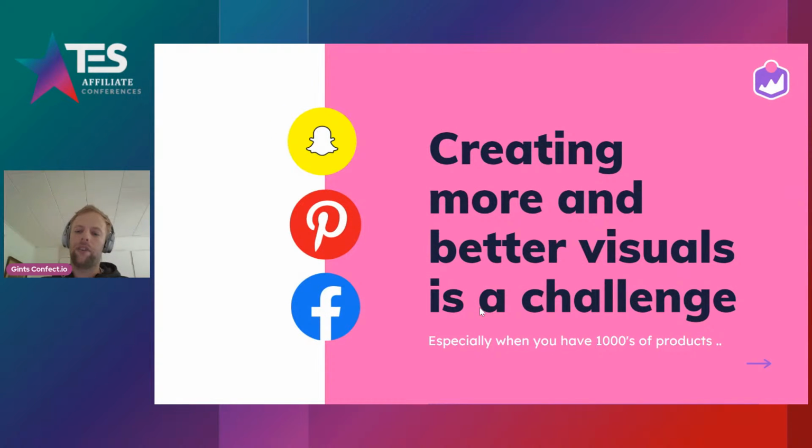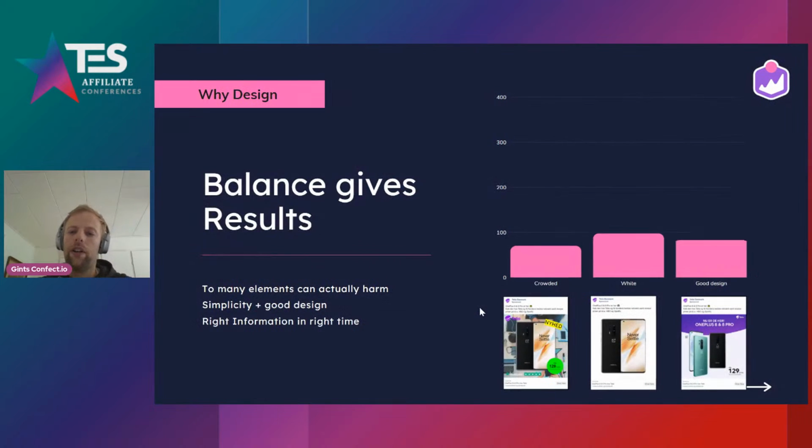So following that, creating more and better visuals is a challenge. And it is a huge challenge when you are an e-commerce brand with a lot of products. So we have to think how can we do it better, or how can we potentially unlock this potential that I showed you before.